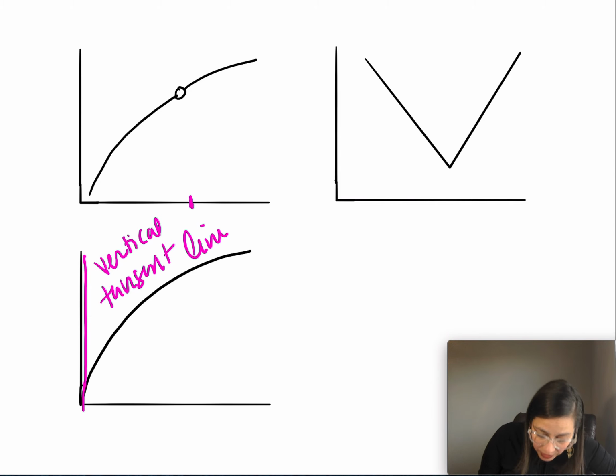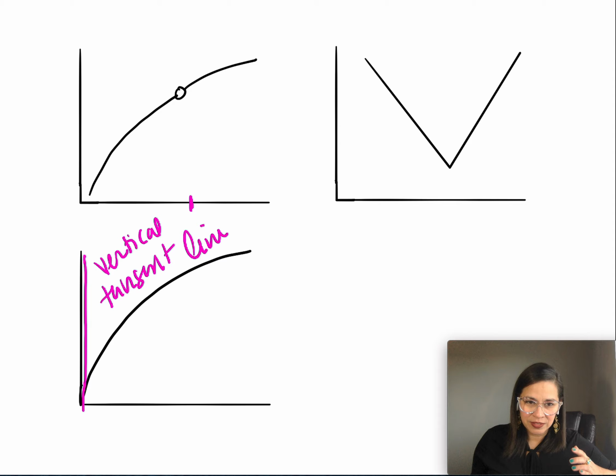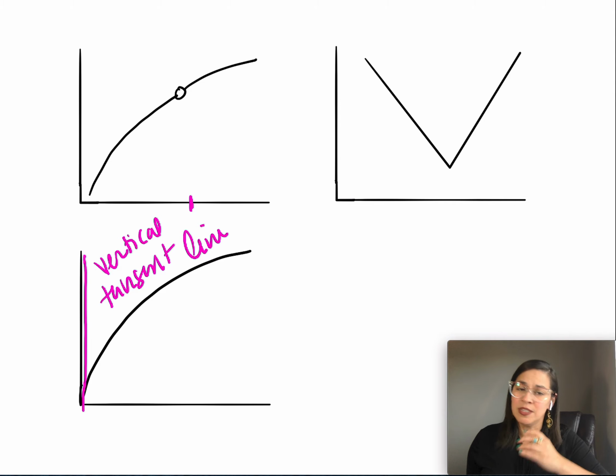Here, if you were to compute that limit, this function is not continuous. So if it's not continuous, it cannot be differentiable. I think the best way of explaining this is by literally taking the definition of the derivative. The derivative represents the slope of the line tangent to the graph at a point.